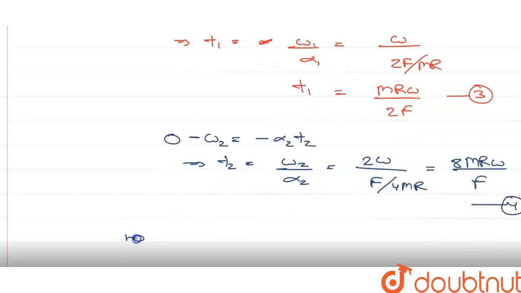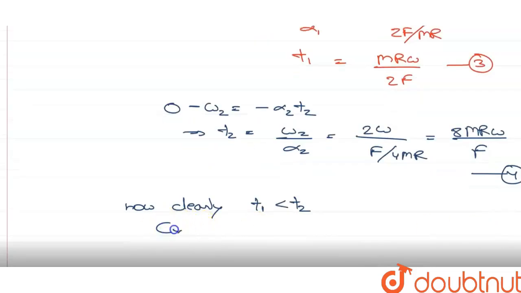Now clearly t1 is less than t2, and since t1 is less than t2, what that means is that it's cylinder 1 that changes its direction.